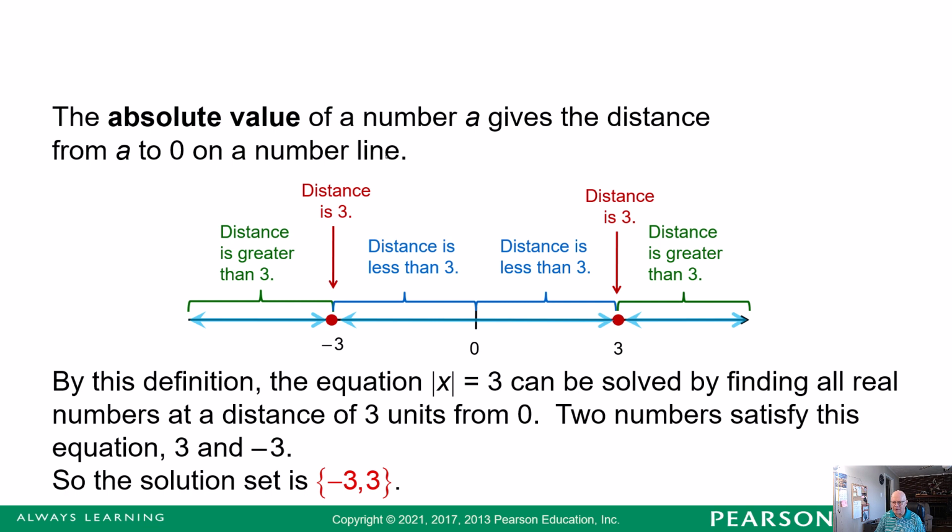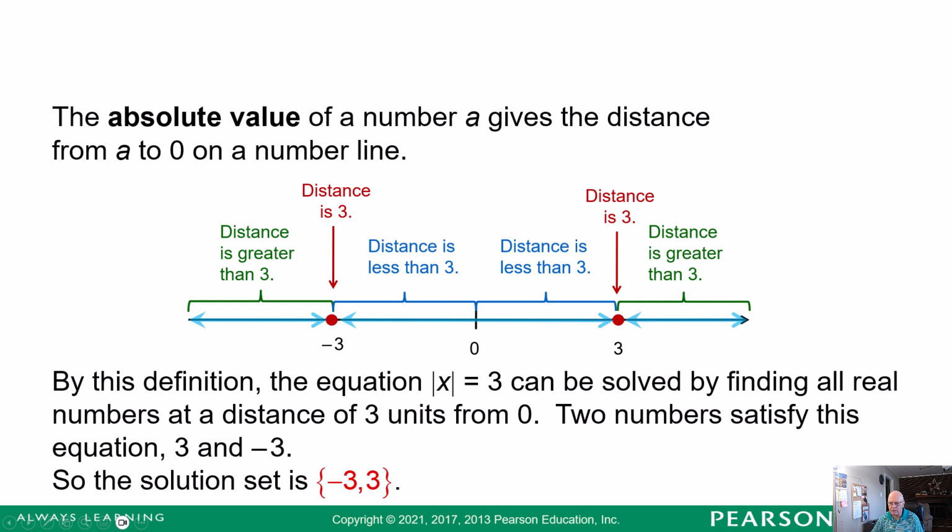It's always positive or 0. If you want, for example, the distance from here to Spartanburg, it's 0. So it could be 0 or a positive, never negative. So keep that in mind, and we can solve equations like that.